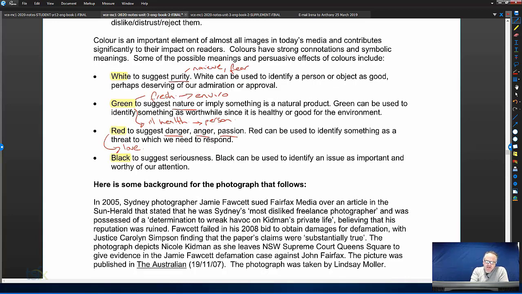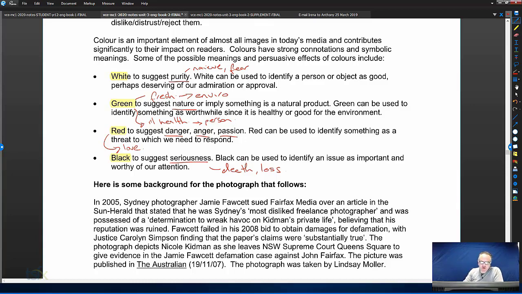And then black, they've got here seriousness, but it can also represent death, or loss, and those sorts of things. Now, keep in mind that because the colour has lots of different connotations, you really need to make sure that the interpretation that you're making of that colour choice makes sense with the context of the photo, the context of the issue, the context of the contention that's being made.